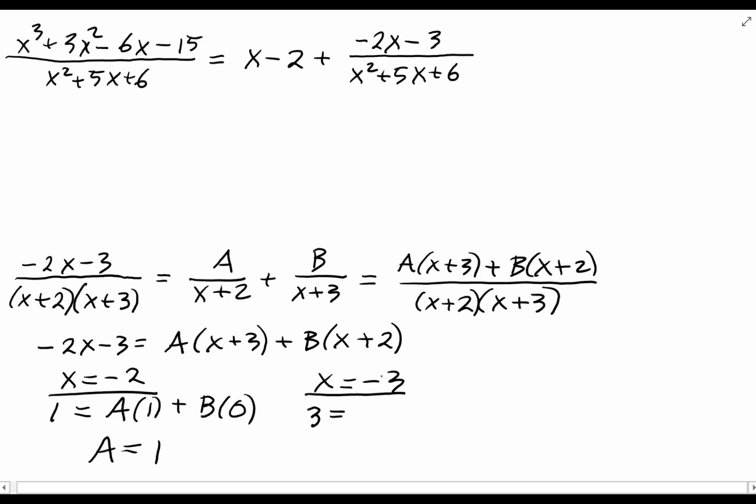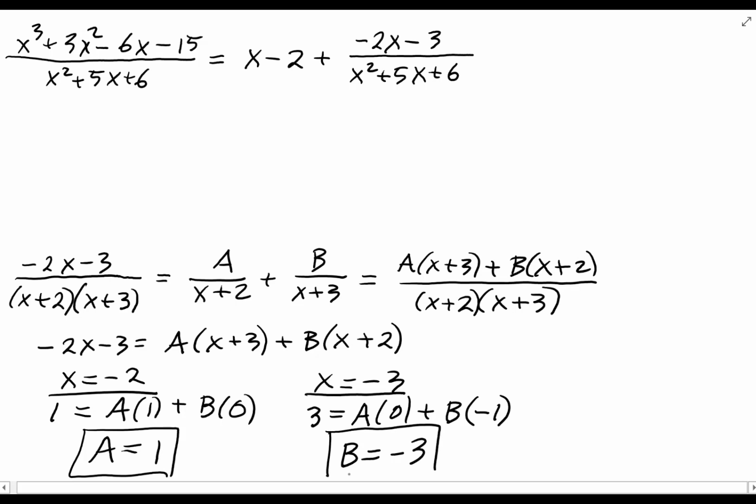And when I plug negative 3 into the right-hand side, I'm going to get a times 0 plus b times, let's see, negative 3 plus 2 is a negative 1. And when you solve this for b, b is going to become a negative 3. So a is 1 and b is a negative 3.